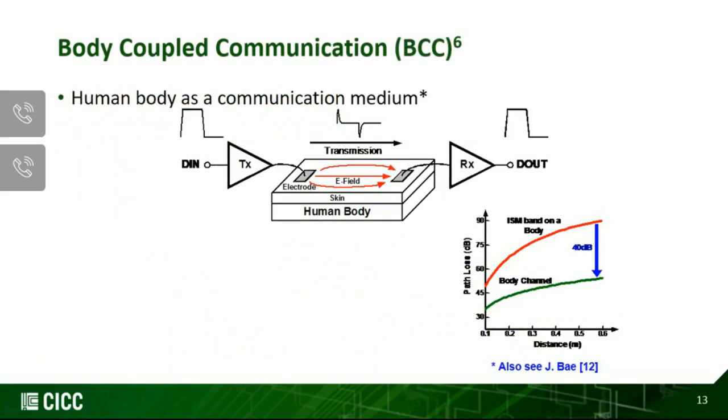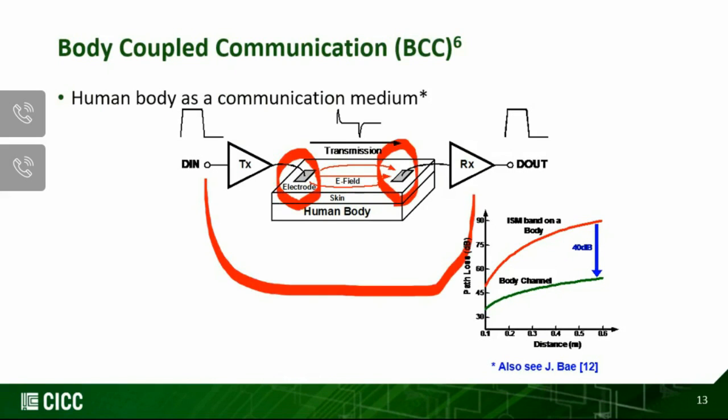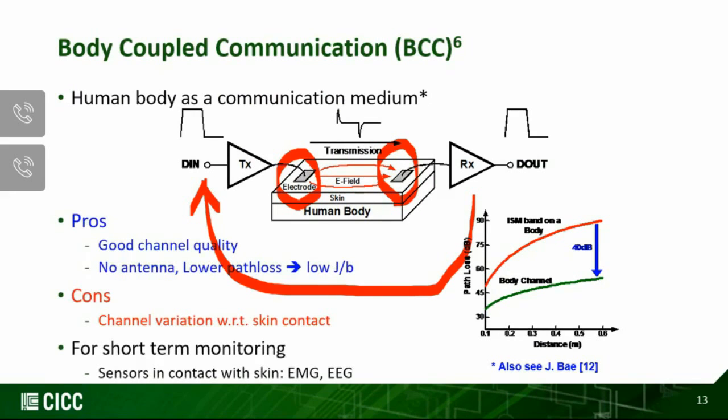This slide very briefly shows how a capacitive coupled body coupled communication works. As I said, there's one electrode on the TX side and the other electrode on the RX side, and a return path from the RX to the TX will be formed by parasitic ground. Now, this means the channel path loss will be much less compared with the other two types of BCC. And the biggest advantage, I would say, is that you don't need to have an antenna.